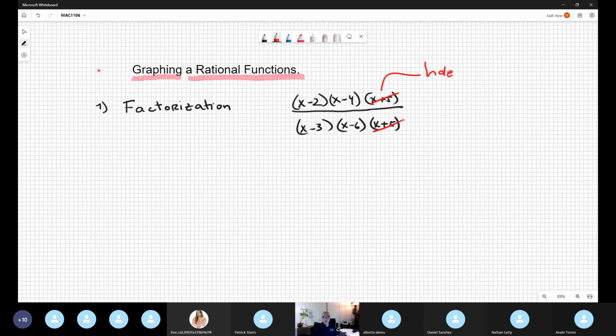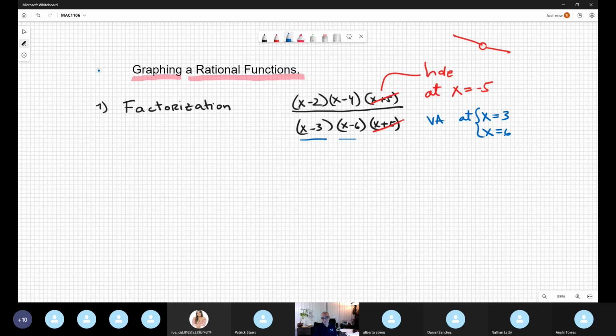And you know the hole you represent in the curve something like that. And this hole is located at the point x equal -5, the completely opposite sign of the factor, no? And the factors in the denominator stay alive, 3 and 6, which represent the vertical asymptotes. Vertical asymptotes at x equal 3 and x equal 6.